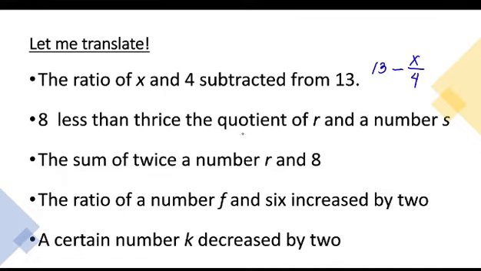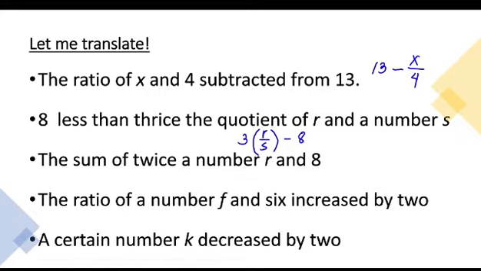The thrice can be represented as 3, then thrice the quotient of r and s. 8 less, so that will be minus 8. That's how we translate it into a mathematical phrase.